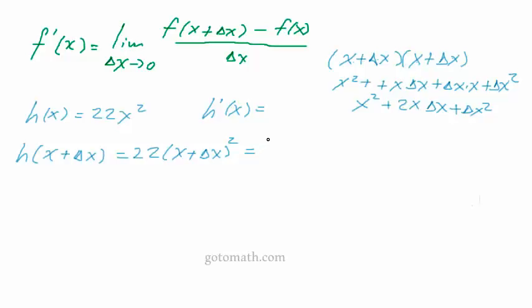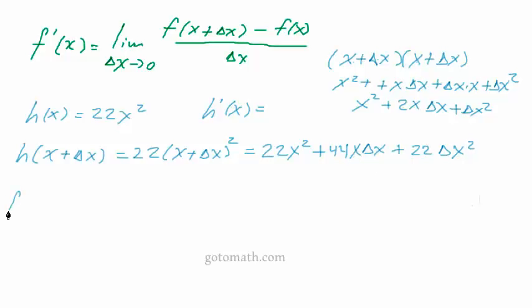So we have 22 times x squared, and then of course 22 times 2x delta x, that becomes 44x delta x, and then of course we have 22 times delta x squared. I was thinking of the last problem for some reason. So there you go.